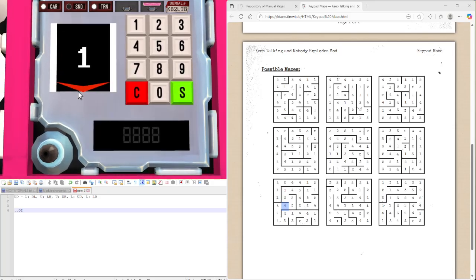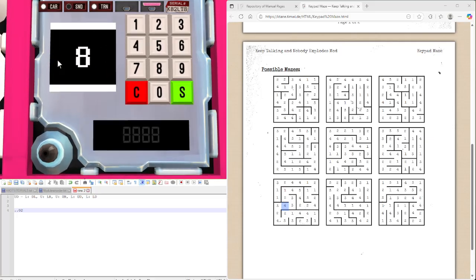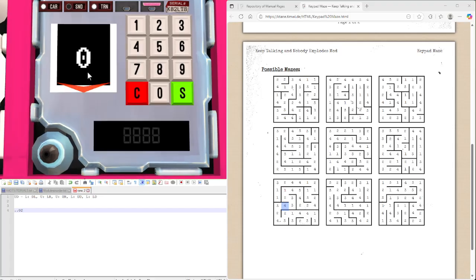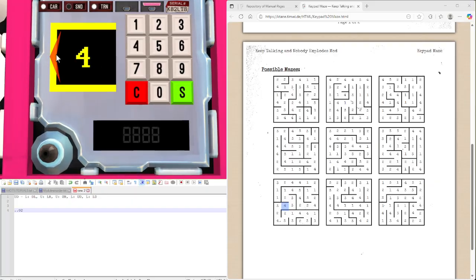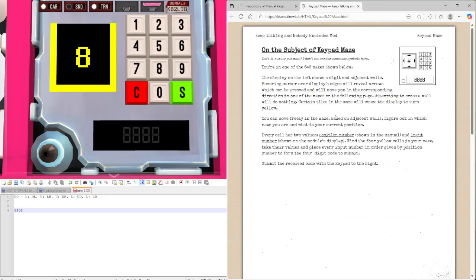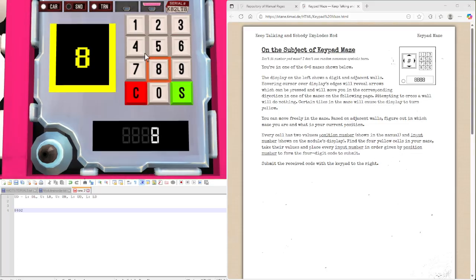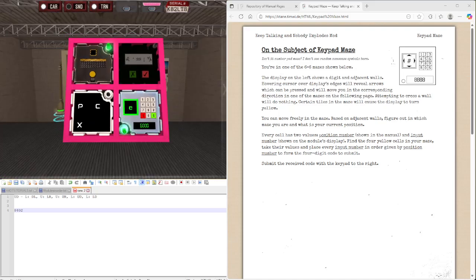I think given everything else, the rest is then important there. Second is 4. And the first is 8. Okay.